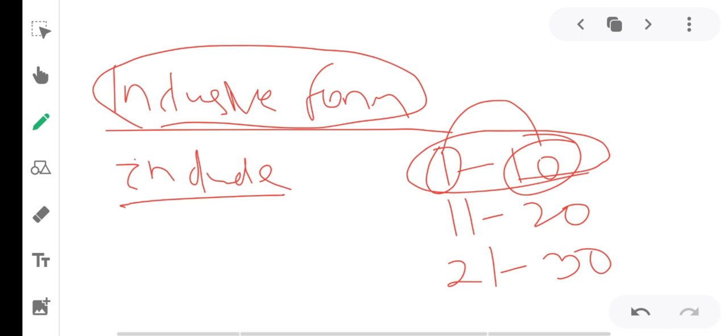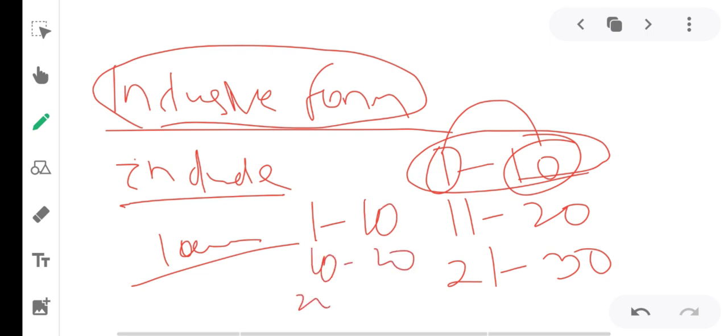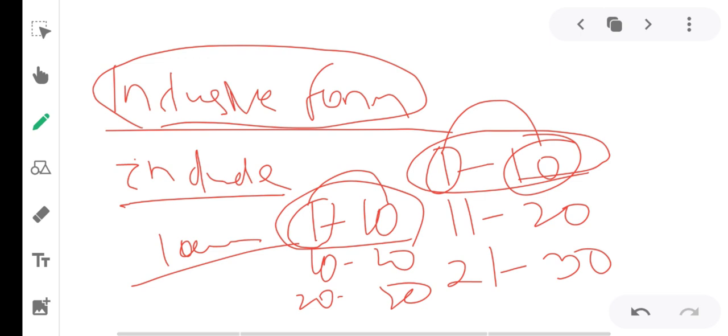In exclusive form we will include the lower limit but will not include the upper limit. The class intervals will be like 1 to 10, 10 to 20, 20 to 30. In this class we include the numbers between 1 to 10, and include 1 also, but will not include 10. Clear?